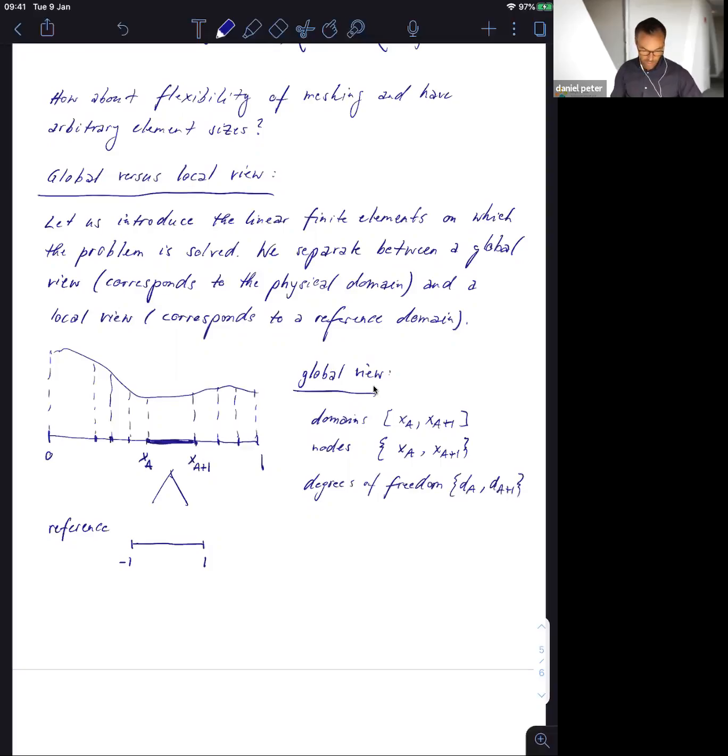And now comes the main point. It has a shape function, or shape functions, which would be NA of X and NA plus 1 of X.